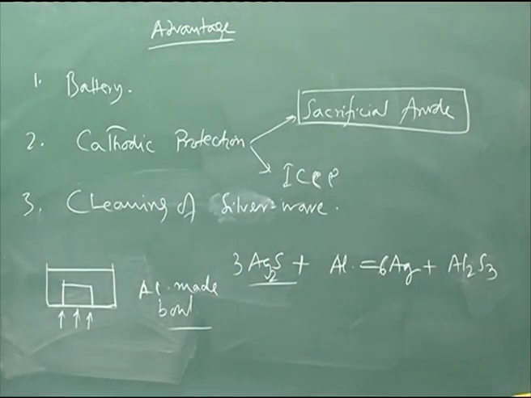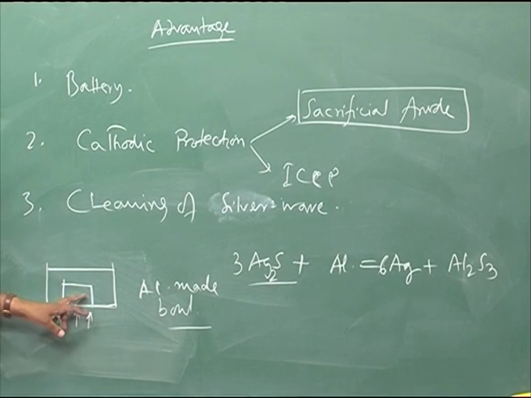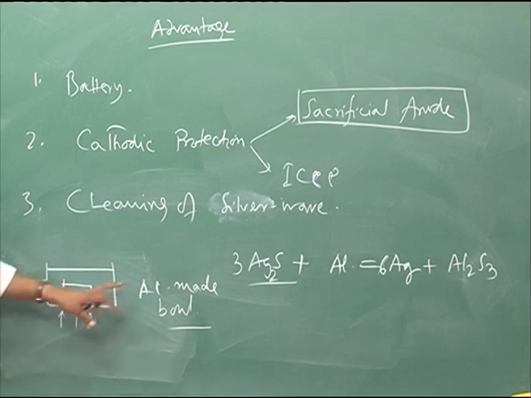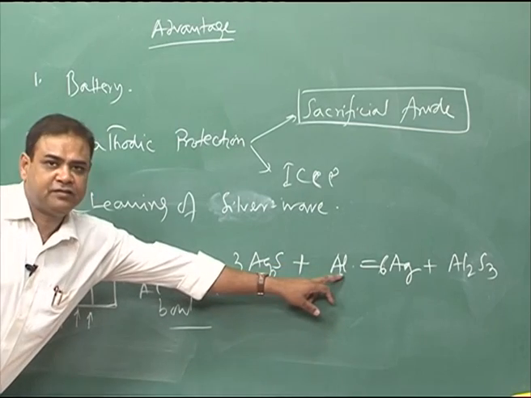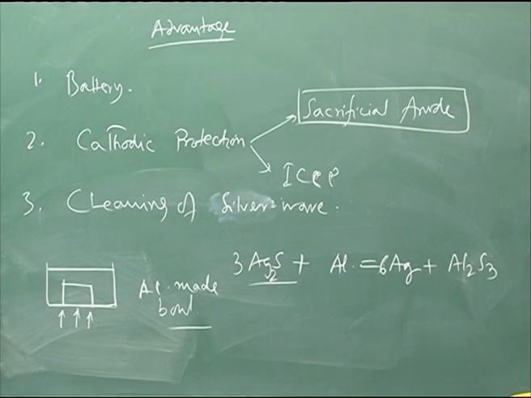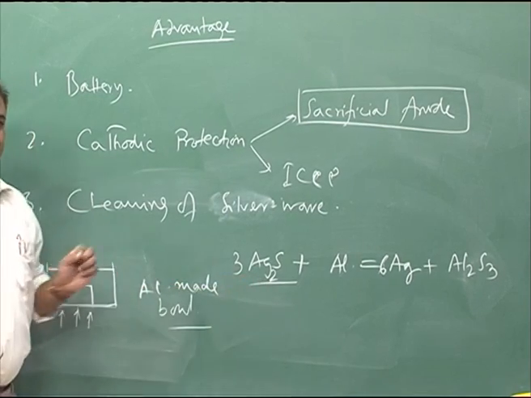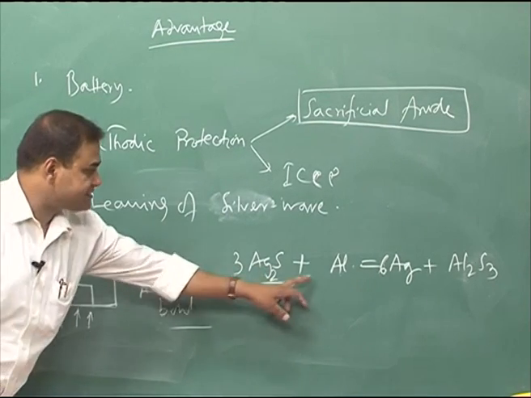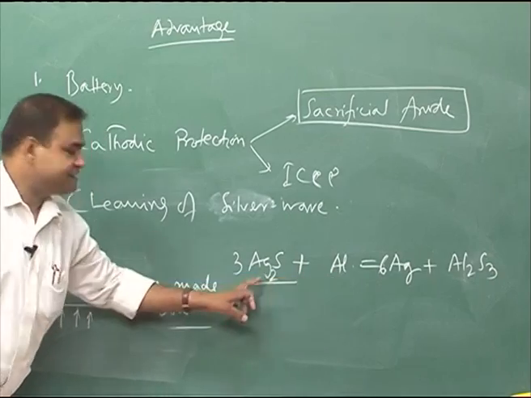You see there is a galvanic contact, and aluminum acts as anode and silver acts as cathode.